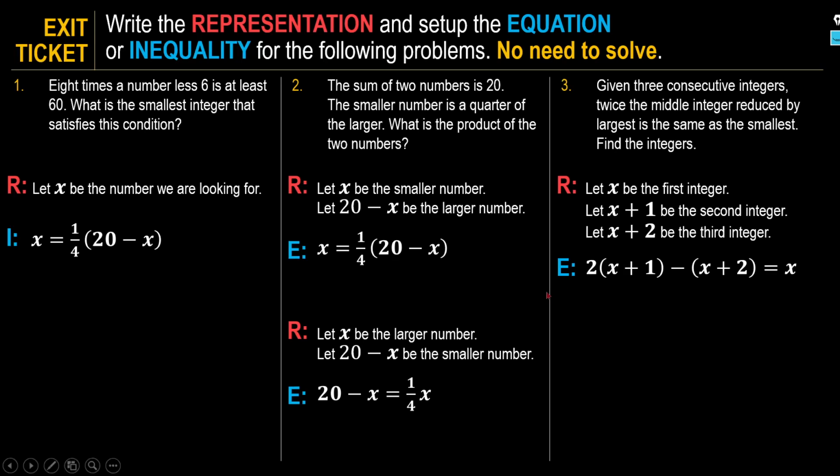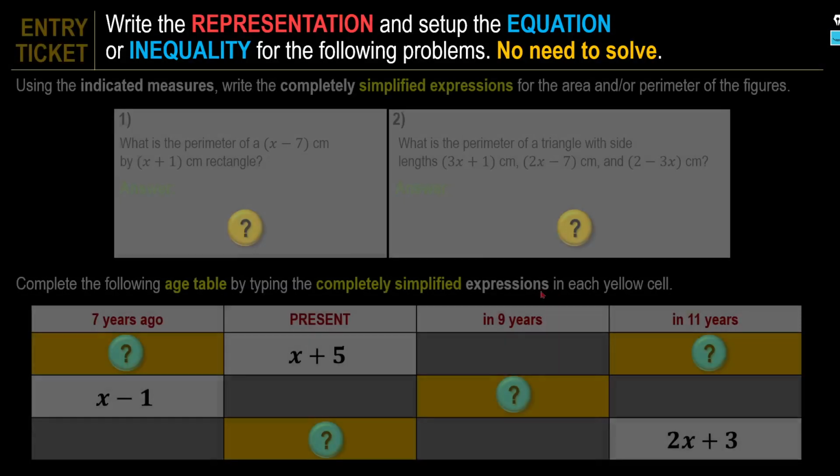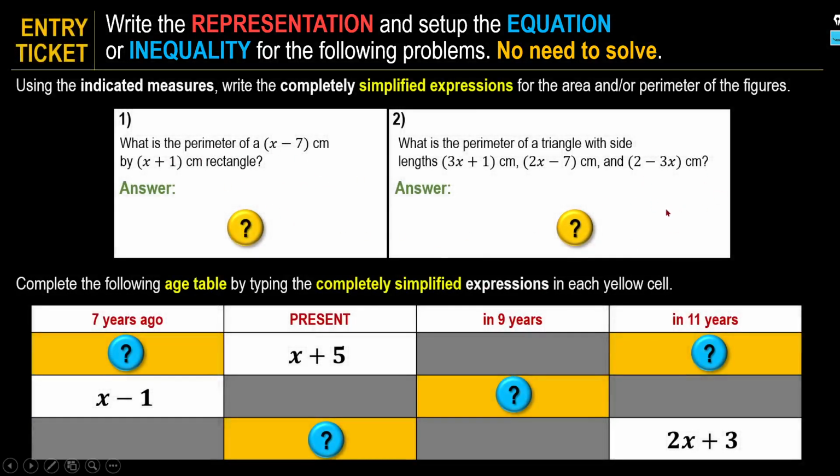Okay? Now, for your entry ticket for this session, dapat nasagutan nyo na rin ito, no? For the first part, disregard this instruction on top. No? For part 1, you should use the indicated measures to write the completely simplified expressions in number 1 and 2 for perimeter. Okay, for number 1, perimeter ng rectangle.